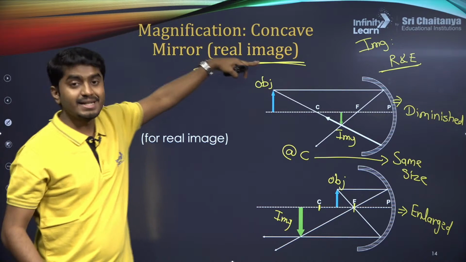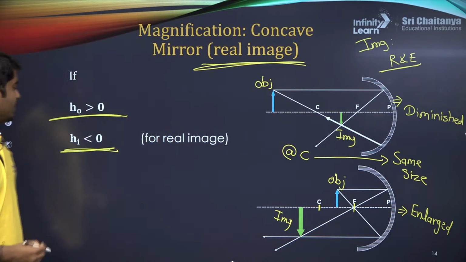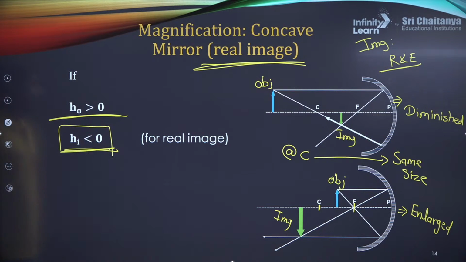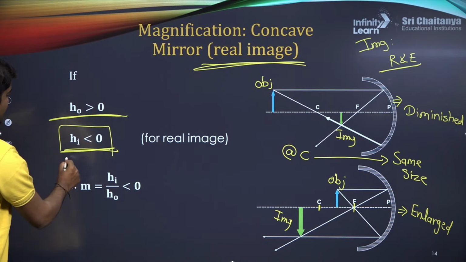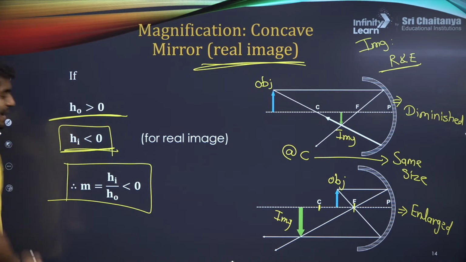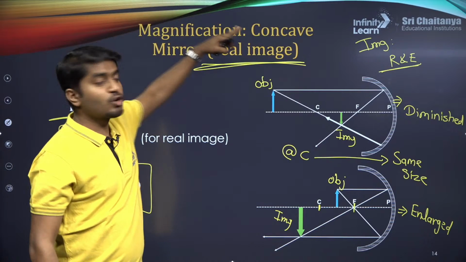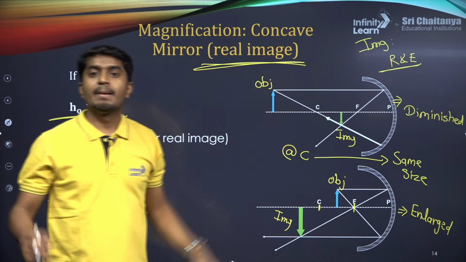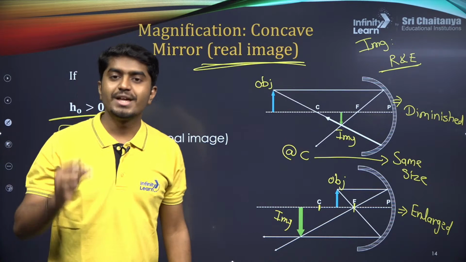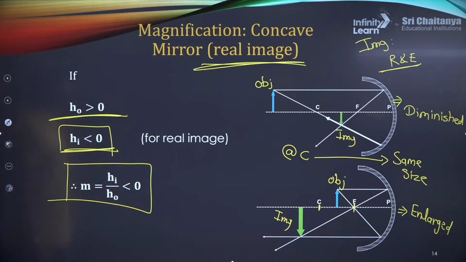The height of the object is positive in all the cases, and the height of the image is always negative. In that case, what will happen to the magnification? Magnification is negative. So whenever you have a concave mirror and you get a real image, magnification is always going to be a negative number. Okay?